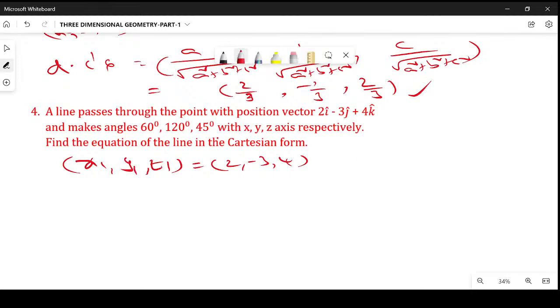And makes angles means using this I can find the direction cosines of the line. So l is equal to cos 60 degrees, and cos 60 is equal to 1 by 2.